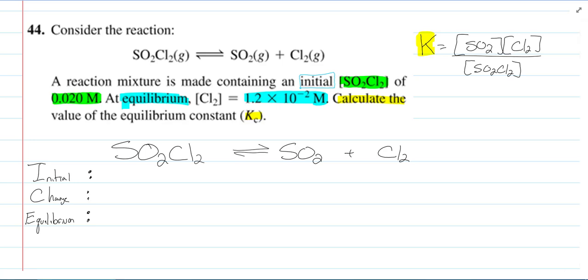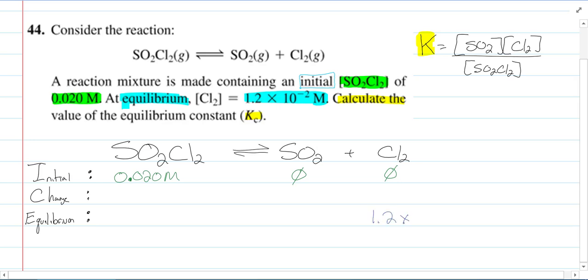Initially, we knew we had 0.020 molar SO2Cl2, sulfuryl chloride. However, we have no products initially. Once this reaction reaches equilibrium, we now know that the concentration of Cl2 happens to be 1.2 times 10 to the negative 2 molar. And that's all we know.